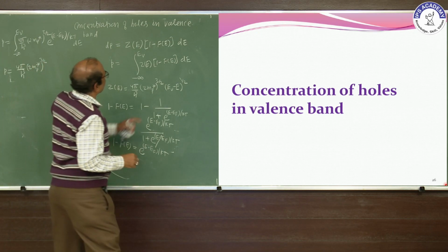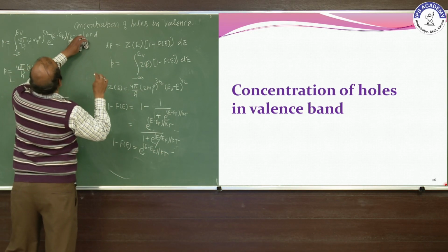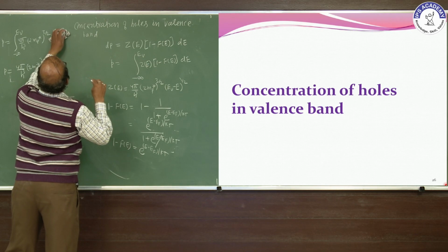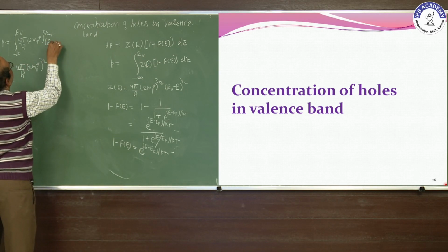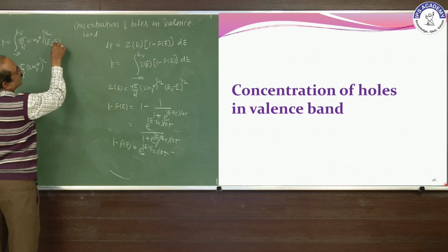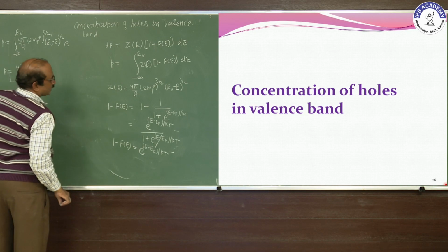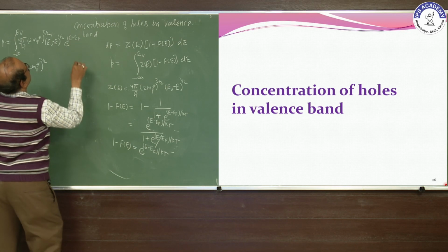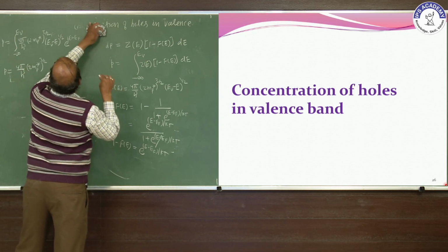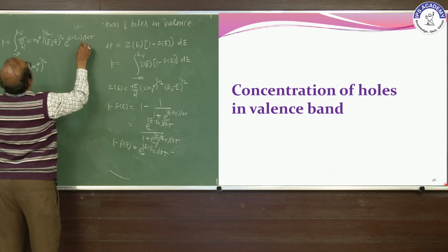One missing term is there, (EV minus E) to the power 1 by 2, which I have not written here, times e to the power (E minus EF) by KT dE.